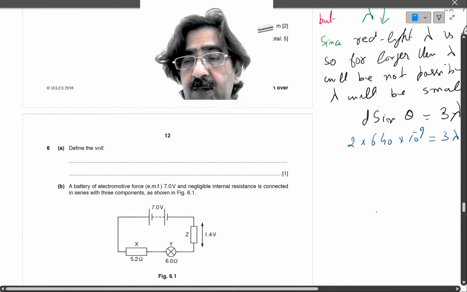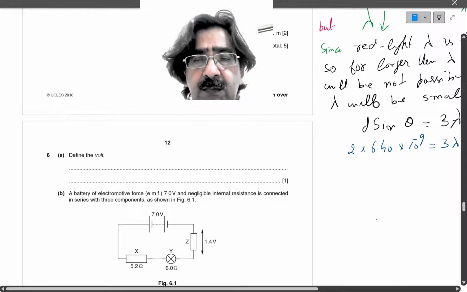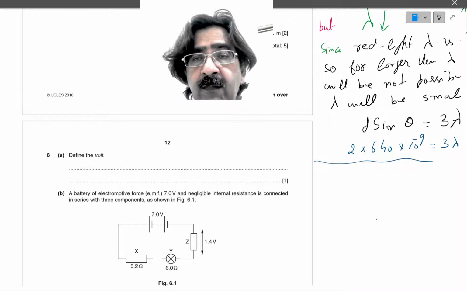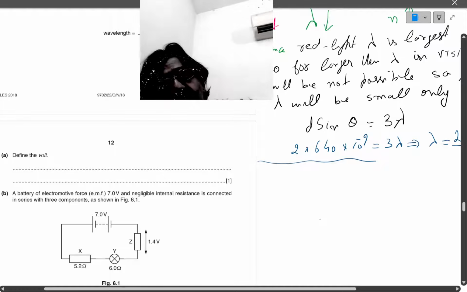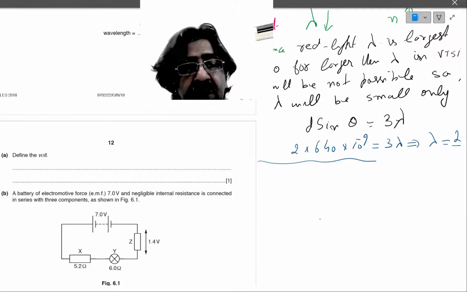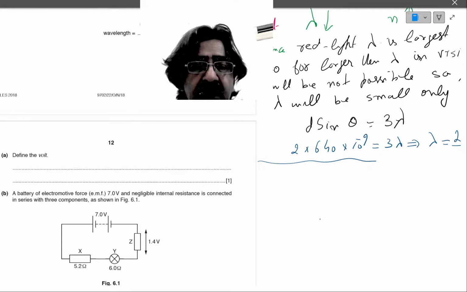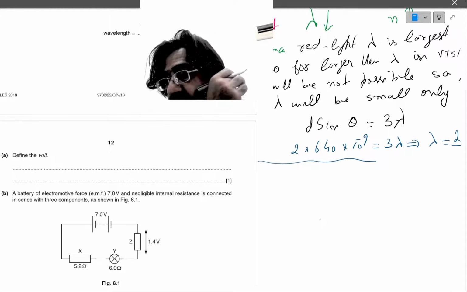Okay, define the volt. As we know, volt is energy per unit charge, work done against the charge. Work done by a conservative force is defined as a potential difference.